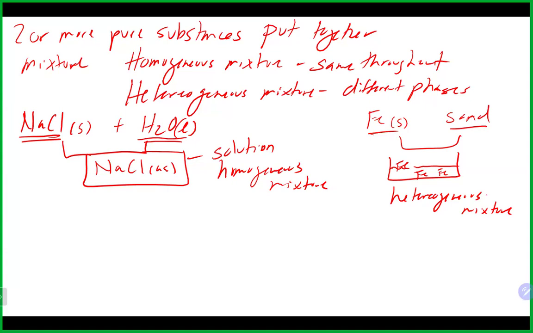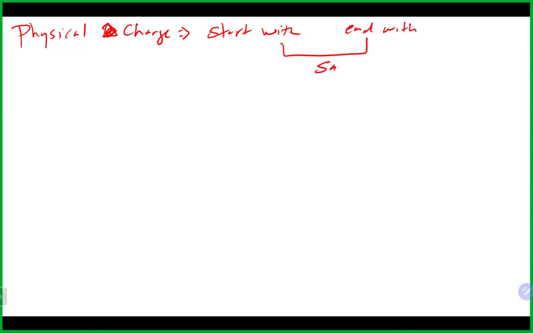Now, remember that regardless of what type of mixture you have, that is a physical change, right? And remember that a physical change is basically what you start with and what you end with are fundamentally the same thing.